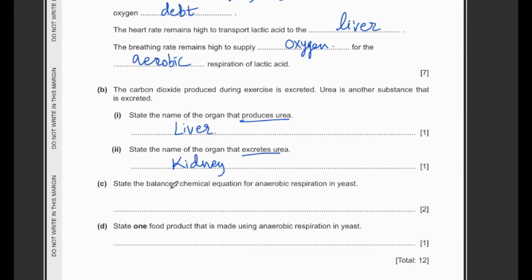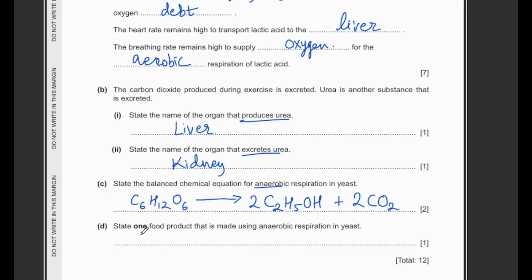Now, balance the chemical equation for anaerobic respiration. We know that in anaerobic respiration, glucose is utilized, right? Anaerobic respiration means no oxygen involved, which is producing C2H5OH, that is ethanol here, plus 2CO2, carbon dioxide.